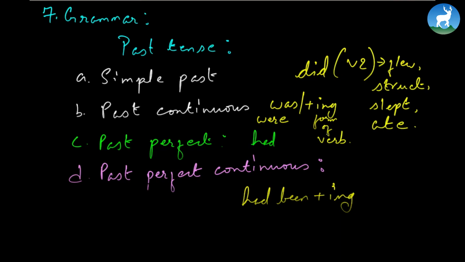Jack had been eating candies for the past 2 hours, meaning since the past 2 hours he had been eating candies. Our school had been leading the score in the basketball from the very beginning. So they're all examples of past perfect continuous. But here we're now focusing only on simple past. All right, so let's move further.